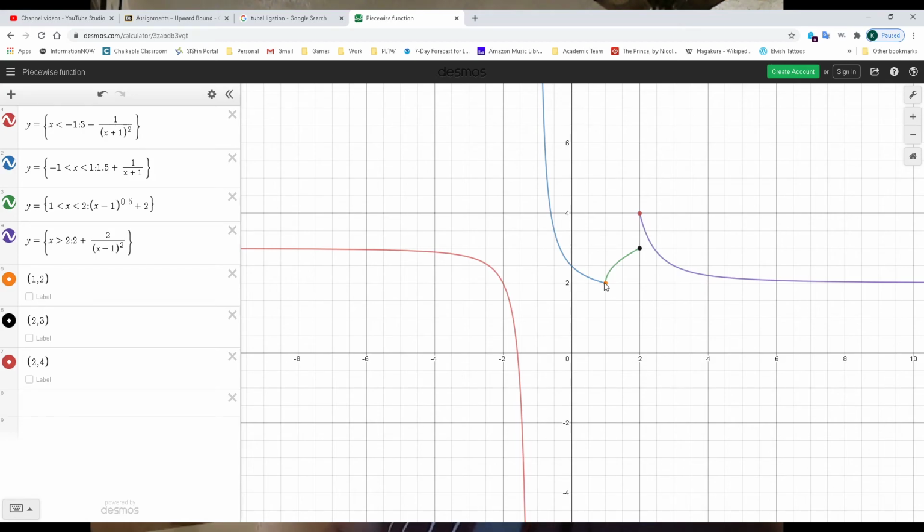You don't see this in a polynomial. You don't see this in a log. You don't see this even really in trig functions. You just don't see stuff like this. You don't see hops where it suddenly jumps from being here at (2,3) to being up here at (2,4). You don't see that. No other functions have this randomness to them.